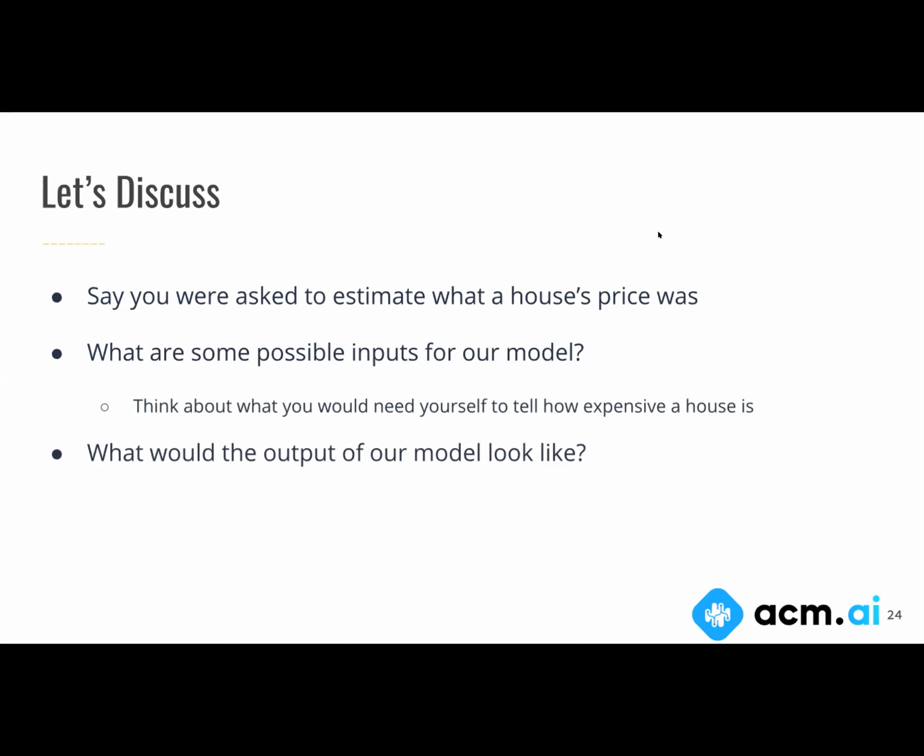Okay, so for the first question, some hints might be: think about what you yourself would need to tell how expensive a house is. And the second question is, what would the output of our model look like? Specifically, would it be continuous or would it be discrete?